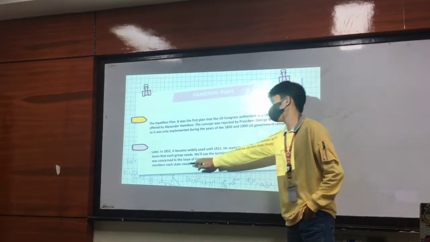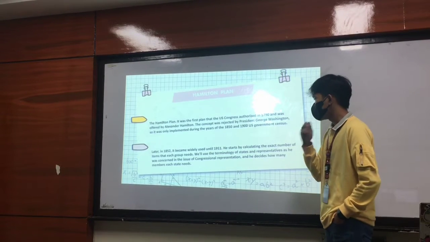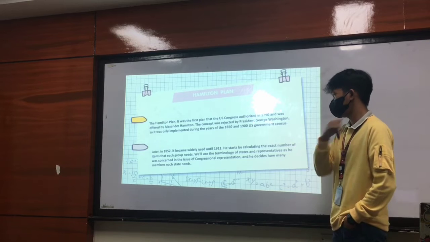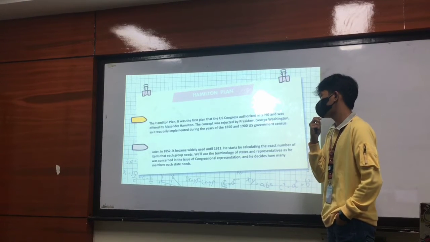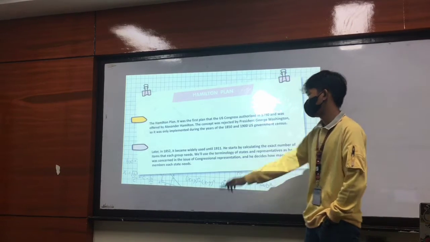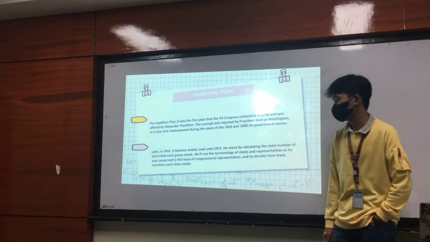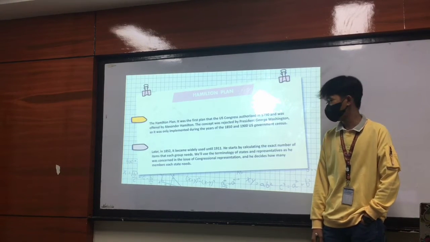Later, in 1852, it became widely used until 1911. It starts by calculating the exact number of items that each group needs. We use the terminology of states and representatives as he was concerned with the issue of congressional representation, and he decided how many members each state needs.